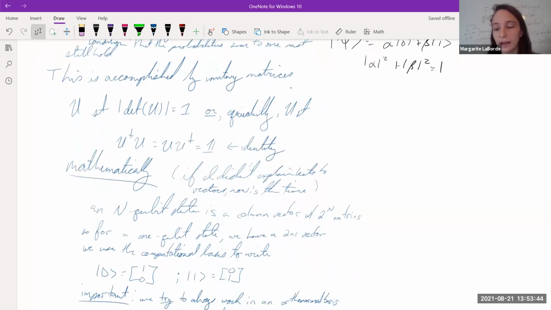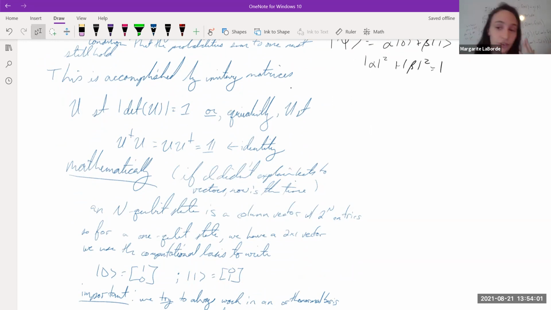How do you actually do that? Well, this is where the unitary matrices come in. So a unitary matrix, you can define it to be some matrix U such that the magnitude of your determinant is equal to 1. That's one way.